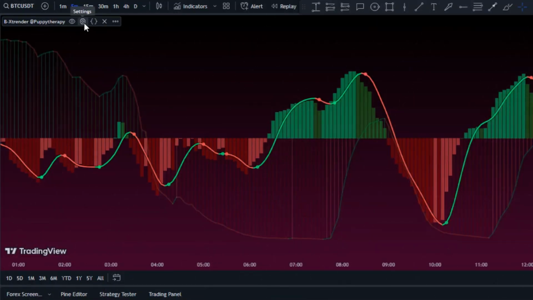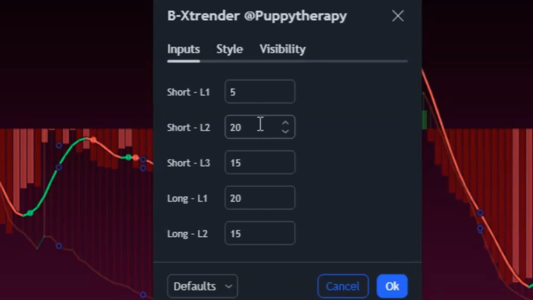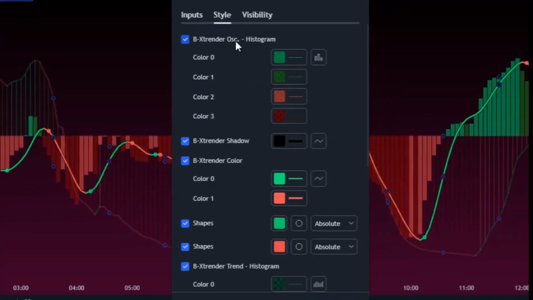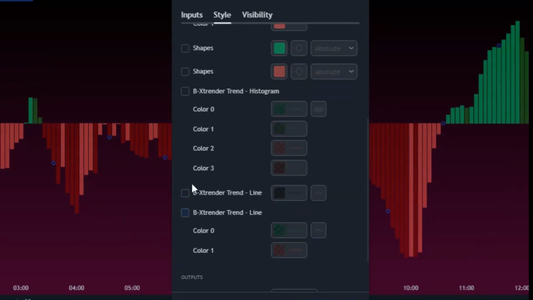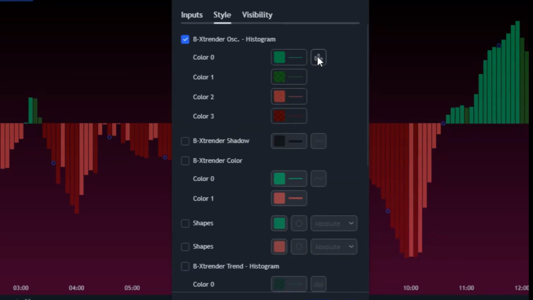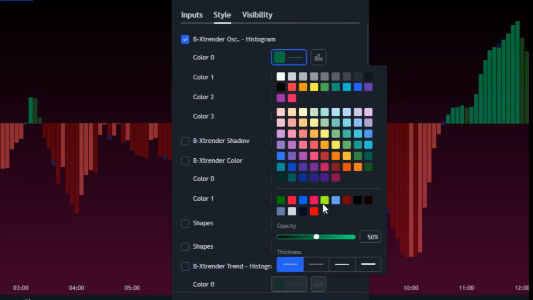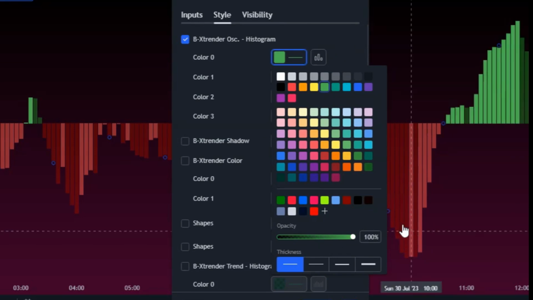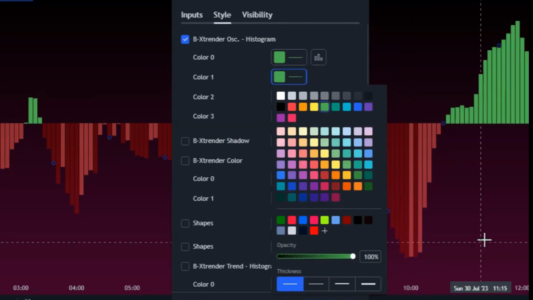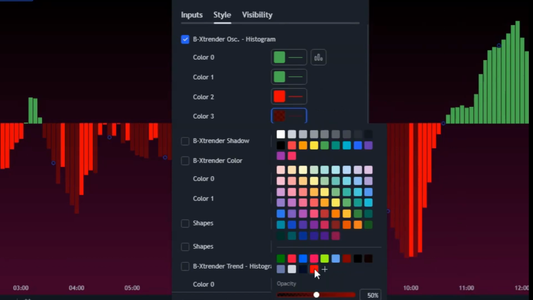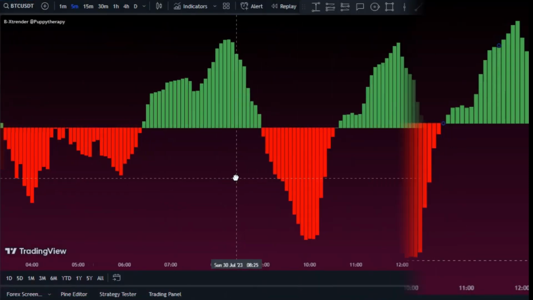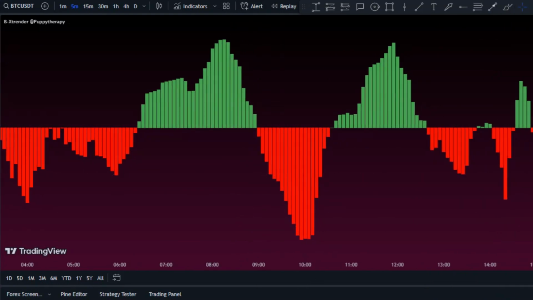As soon as you've added the indicator, make the necessary adjustments to its settings like I do in this video. By making those changes, the indicator now has two types of histogram, green and red.